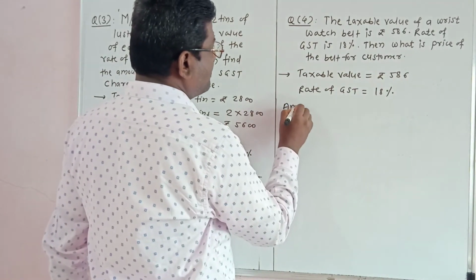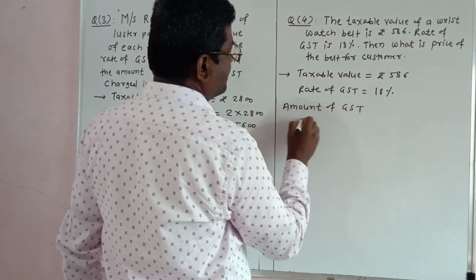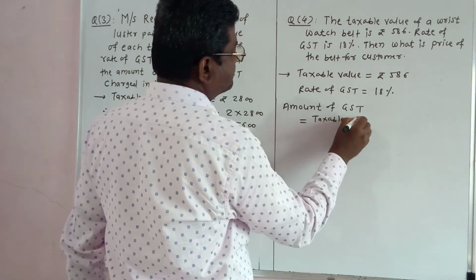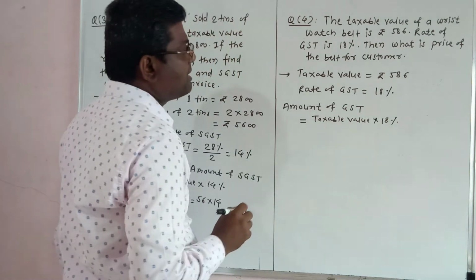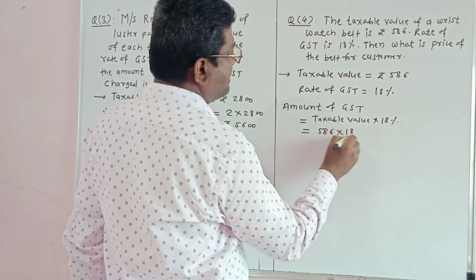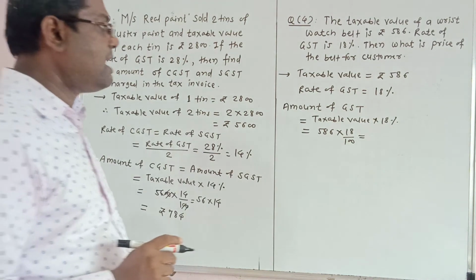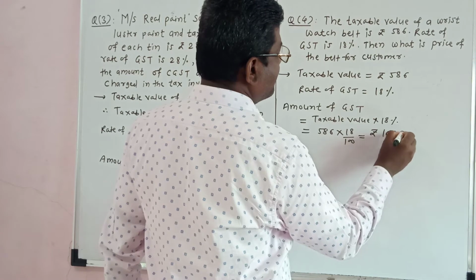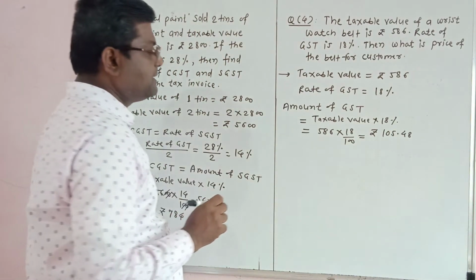So we write amount of GST is equal to taxable value into 18%. And here taxable value is 586 into 18 upon 100. And if we calculate this value, we get rupees 105.48. This is amount of GST.